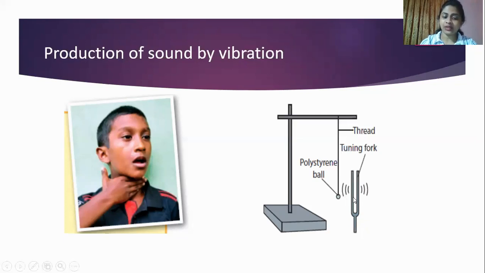You will see the polystyrene ball starts to move when it comes into contact with the tuning fork. It is moving only when there are vibrations in the tuning fork. If we vibrate it and keep it in contact with the polystyrene ball, we will see the movement of the ball.